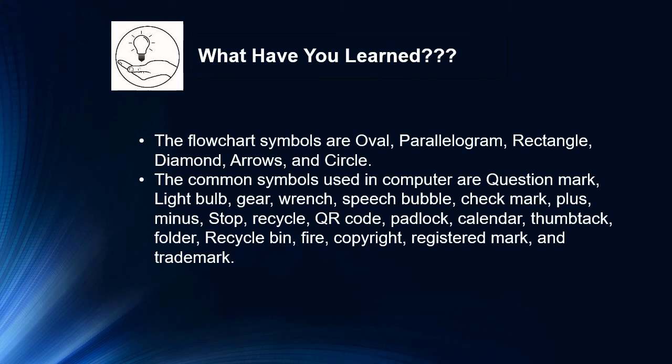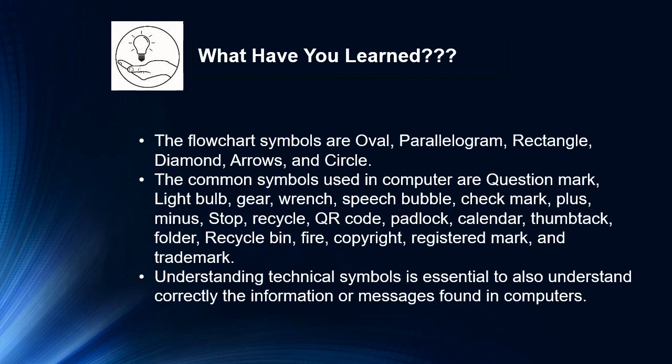The common symbols used in computer are question mark, light bulb, gear, wrench, speech bubble, check mark, plus, minus, stop, recycle, QR code, padlock, calendar, thumbtack, folder, recycle bin, fire, copyright, registered mark, and trademark. Understanding technical symbols is essential to correctly understand the information or messages found in computers.